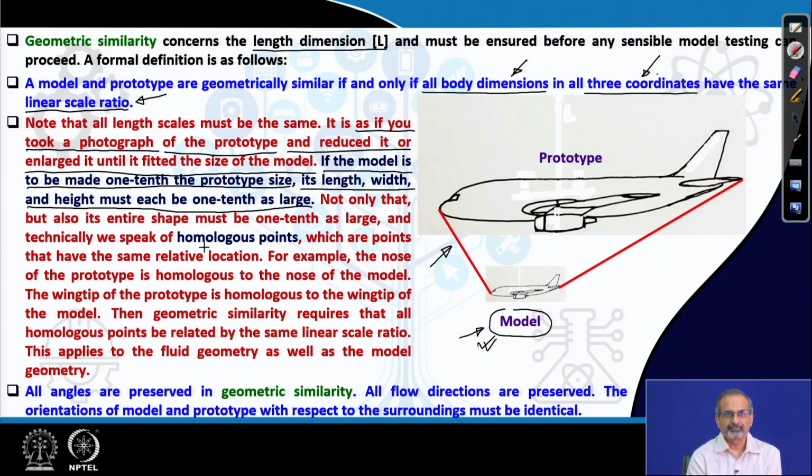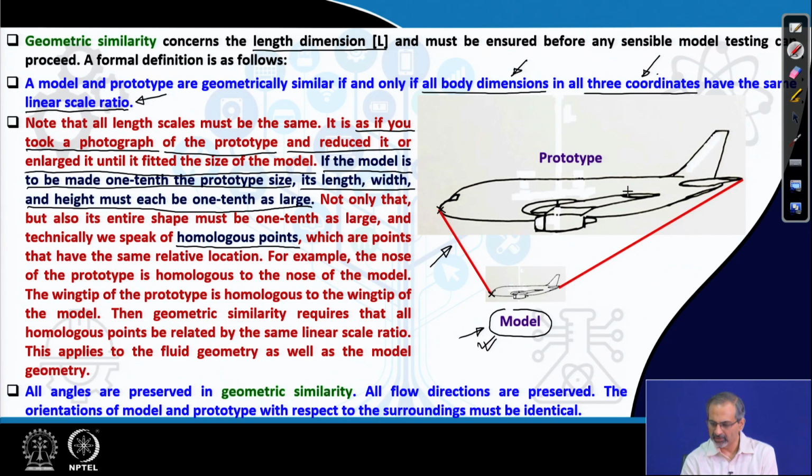Additionally, we have the so called homologous points, which are points that have the same relative location. So, for example, the point at the nose of the prototype maps with the nose of the model.